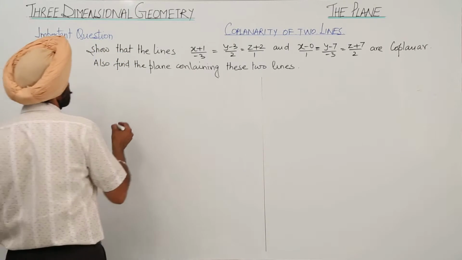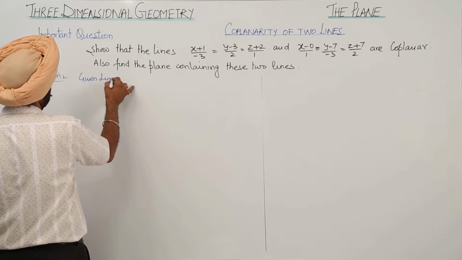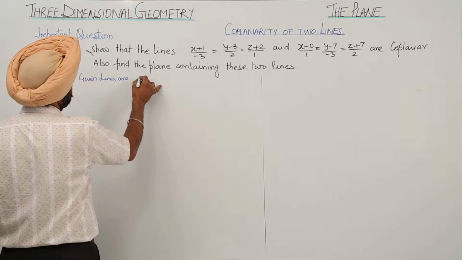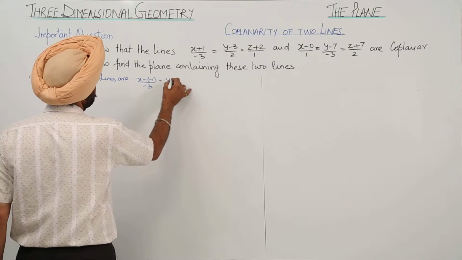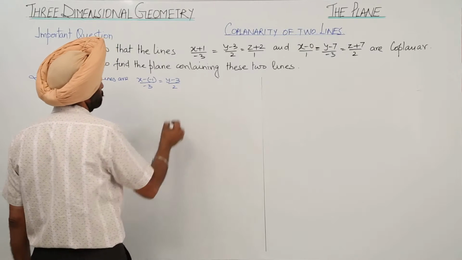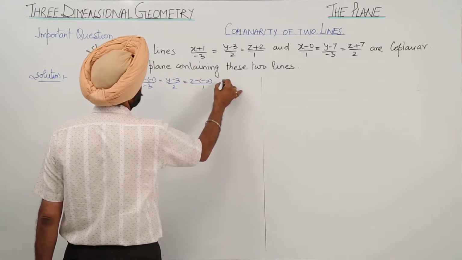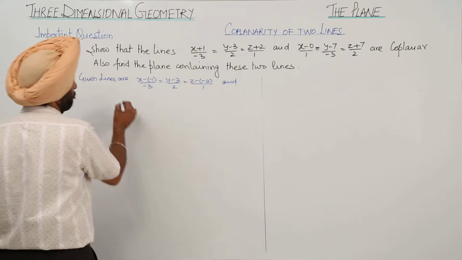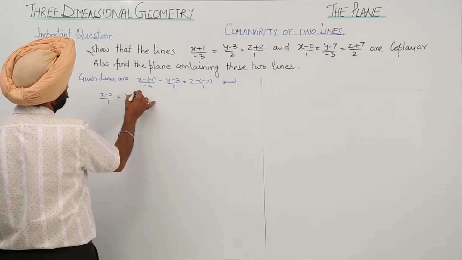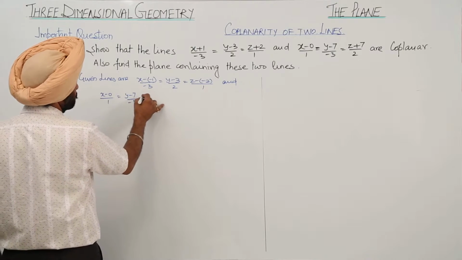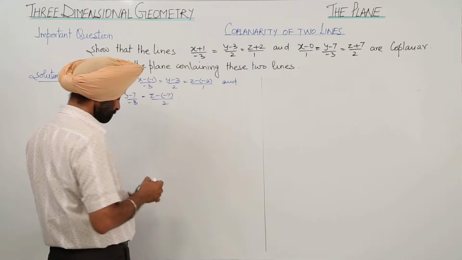Now, the given lines are (x minus minus 1) upon minus 3 is equal to (y minus 3) upon 2 is equal to (z minus minus 2) upon 1, and (x minus 0) upon 1 is equal to (y minus 7) upon minus 3 is equal to (z minus minus 7) upon 2.